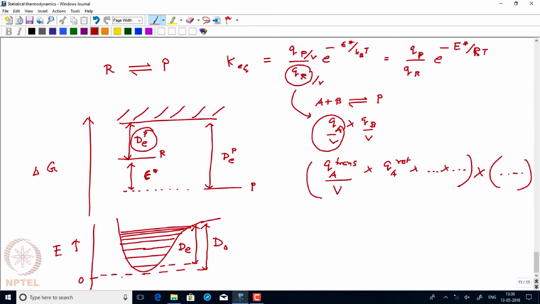And then you see here that you have a DE. So it is basically the difference of the zero point energies of the reactant and the product. That is a very important thing. It's not the difference between the zeros; it always takes into account the zero point energies.